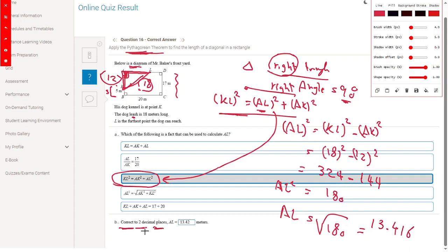Now here it says correct to two decimal places. Two decimal places, we have 1 and 2. There's 16, so we round it to 13.42 because this is more than 5, so this one will be 2. Okay, so the answer will be 13.42.